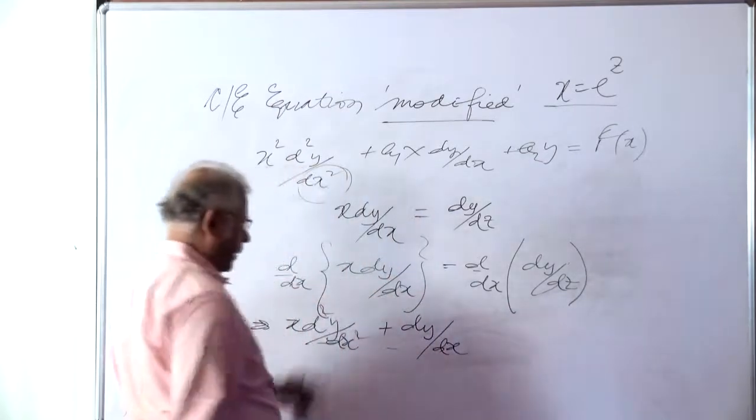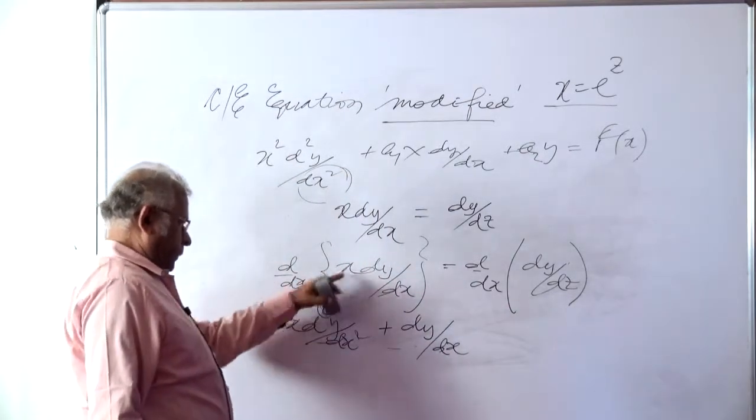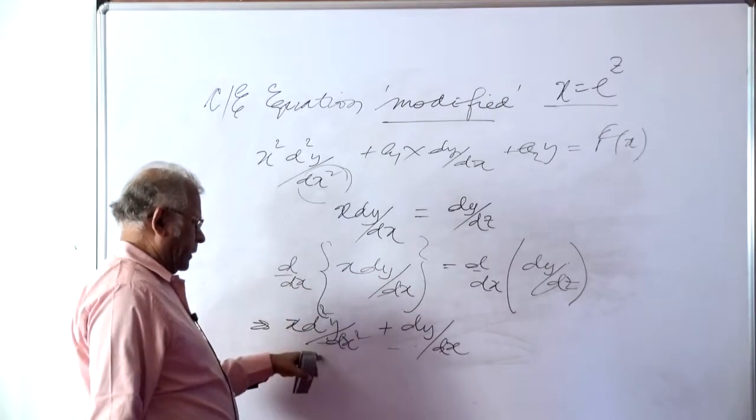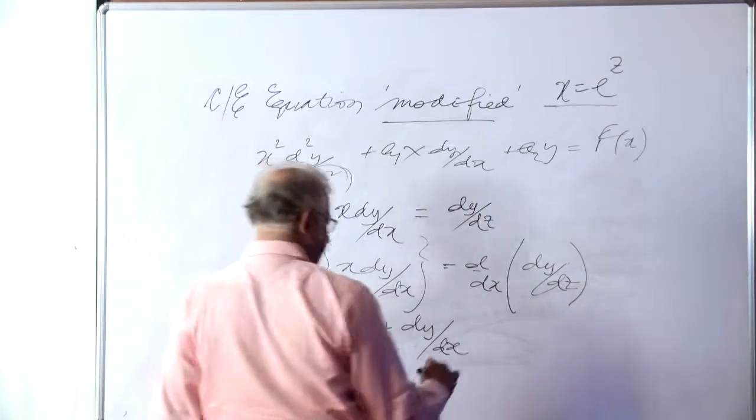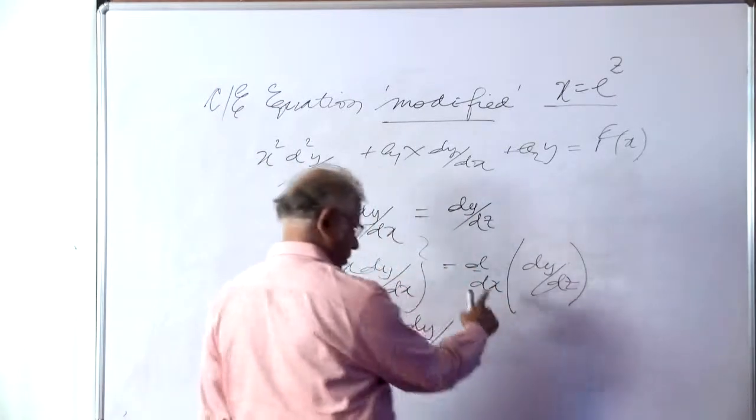This is the product rule applied to x dy dx. First function, differentiation of second. Second function, differentiation of first, which is 1. That is d dx of dy dz.